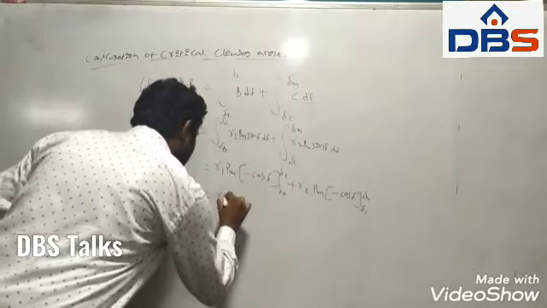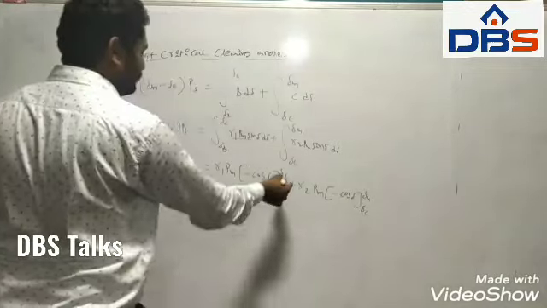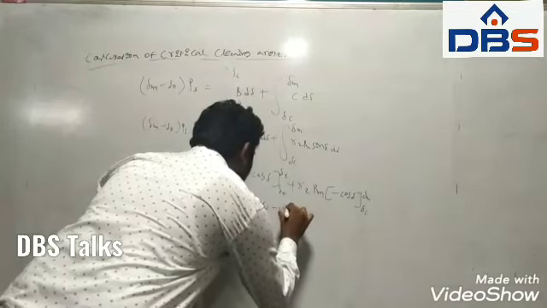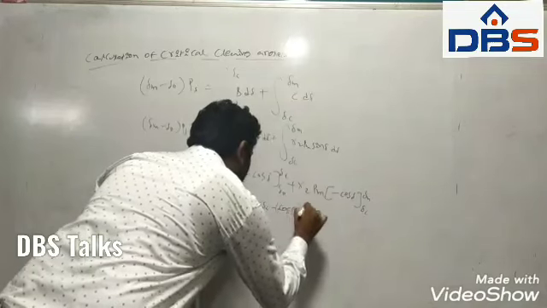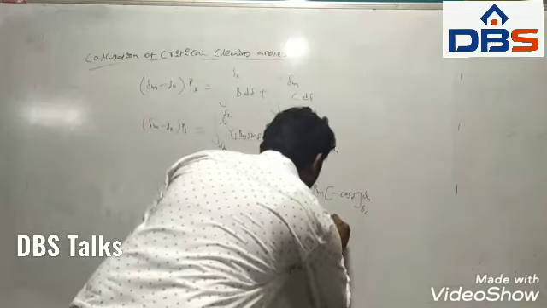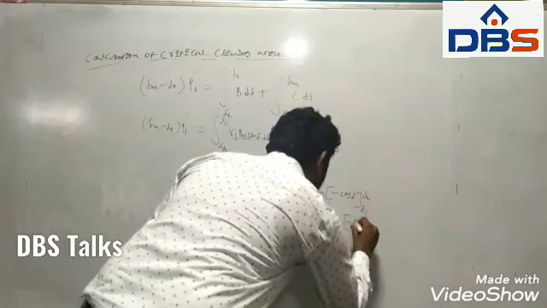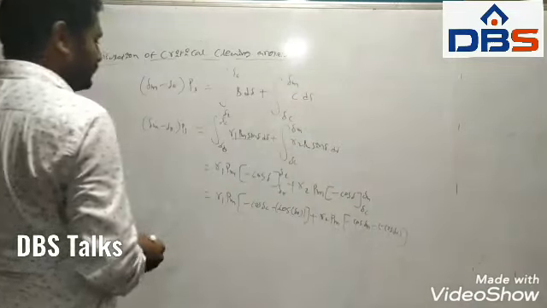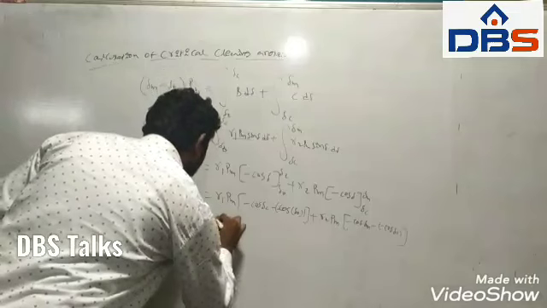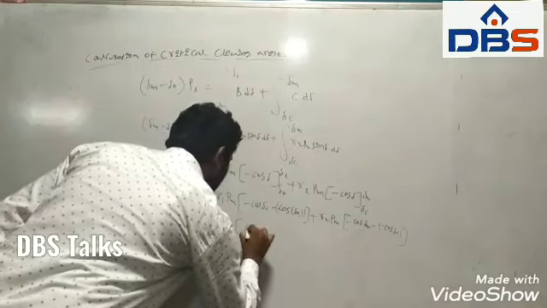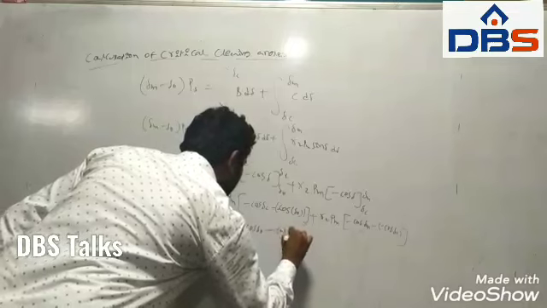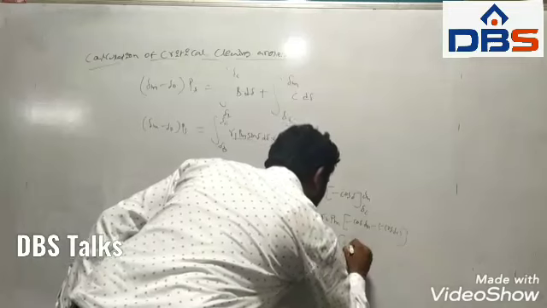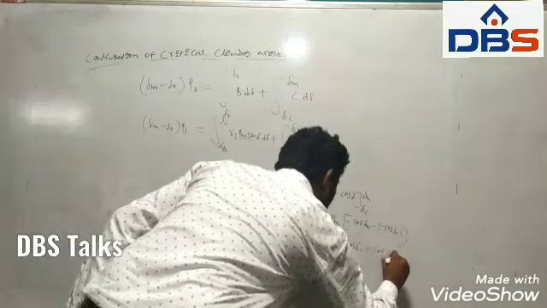Taking the upper and lower limits, I am writing R1 Pm into (cos delta naught minus cos delta C) plus R2 Pm into (cos delta C minus cos delta m).